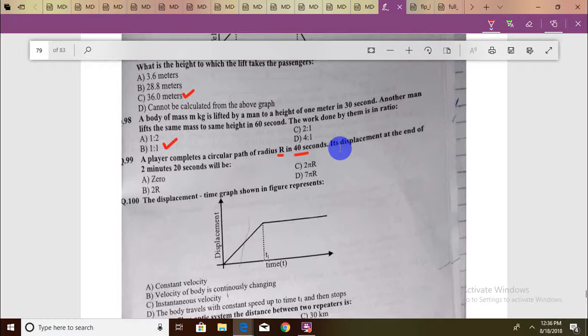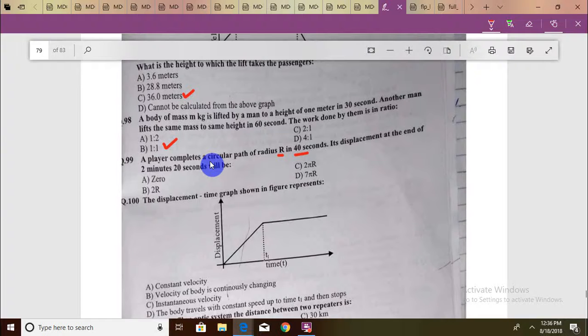Let's convert this into seconds. 2 minutes is 2 into 60, which is 120, plus 20 makes 140. In the first 40 seconds he completed one cycle, in the next 40 he was back again, and another 40 and he was back again.